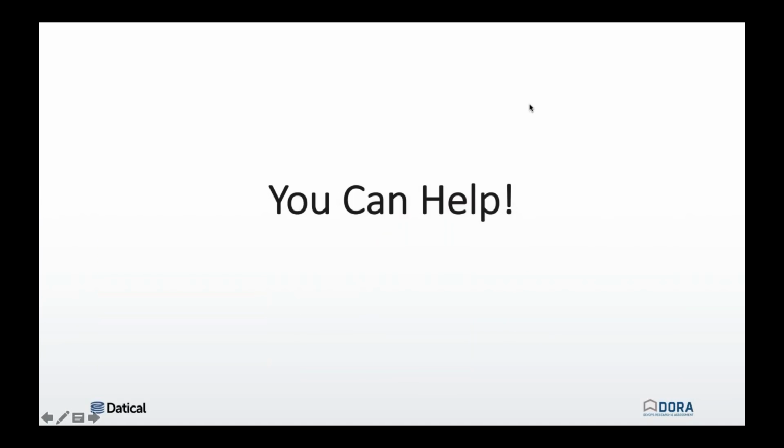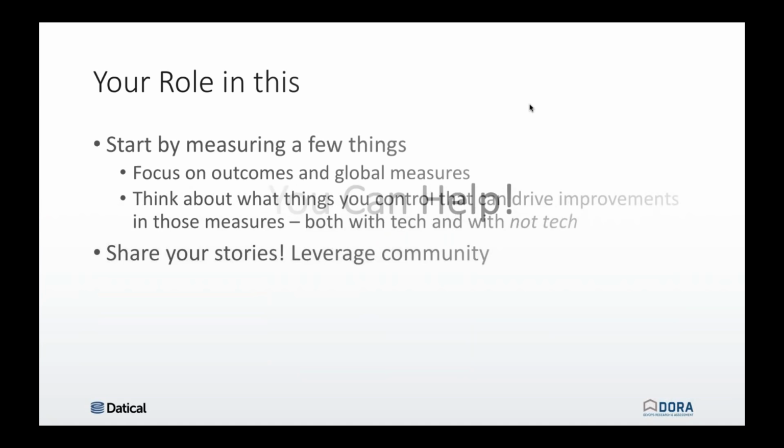Okay, now you can help, right? Where else can we go? What's next? So when we do this, we can start by measuring a few things in our own organizations. Focus on outcomes and global measures. And then think about what things you control yourself, what is within your purview that can help drive impacts in those measures.